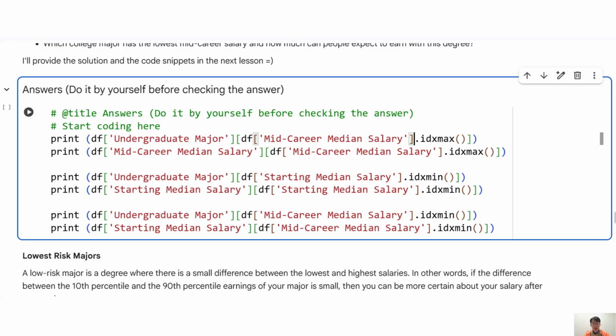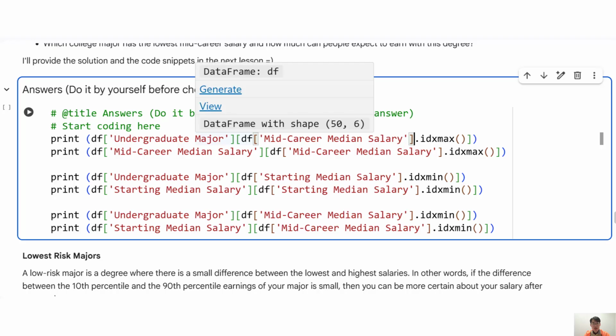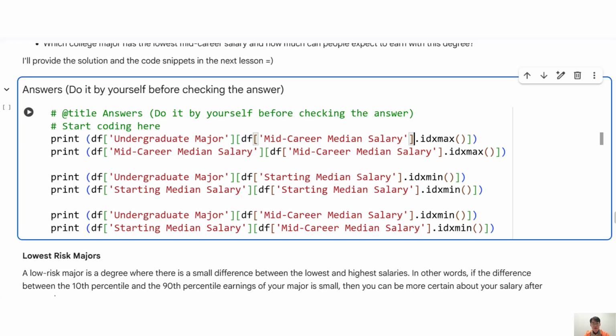Here, what I'm going to do is extract the position of the row with the greatest number. So I'm going to find out the greatest number in the column mid-career median salary. And this is the undergraduate major. So I can put something like this and this.